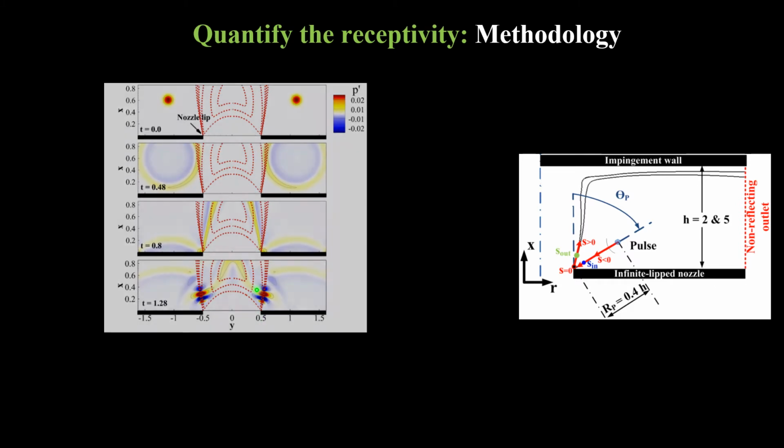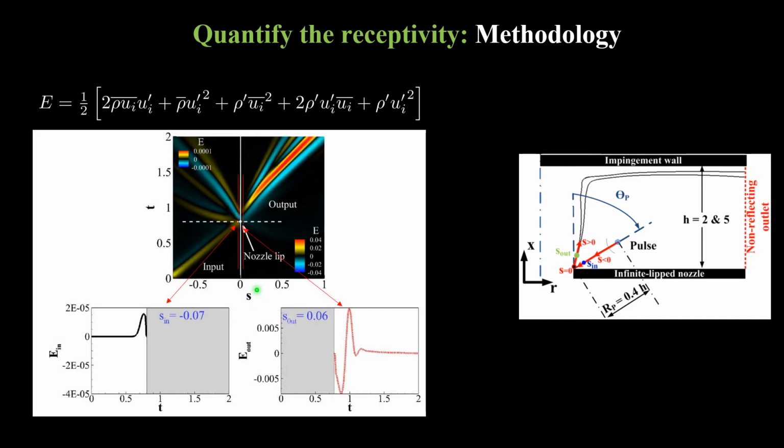We define the energy norm as this equation here. Then we calculate the energy norm in the new coordinate. We sample in this new coordinate because it gives us the flexibility to study other transfer functions, for example, the transfer function of the shear layer or a combination of receptivity and shear layer.